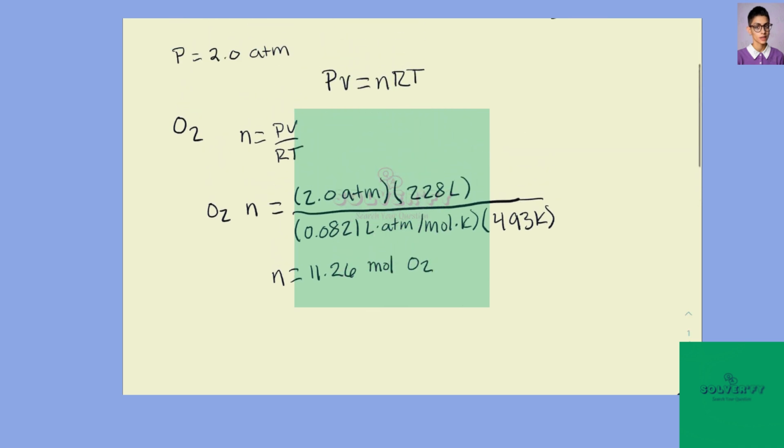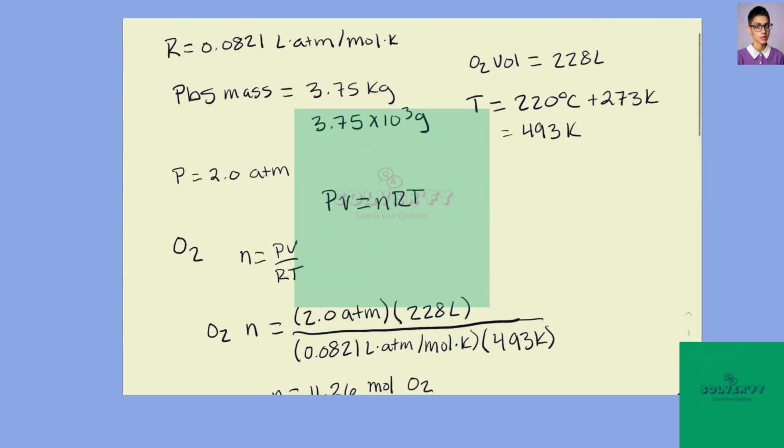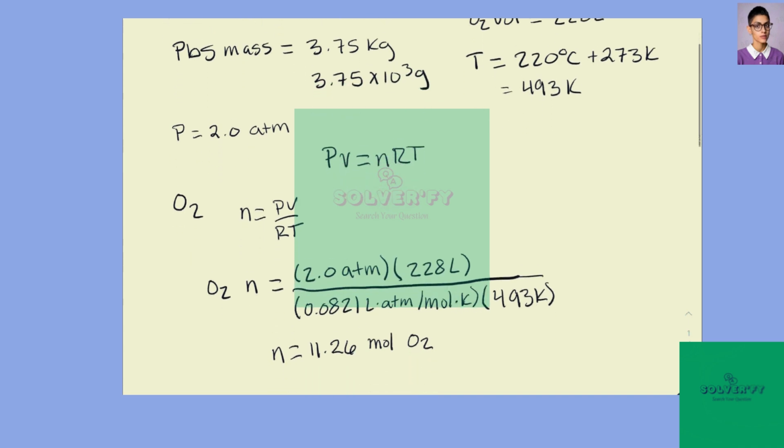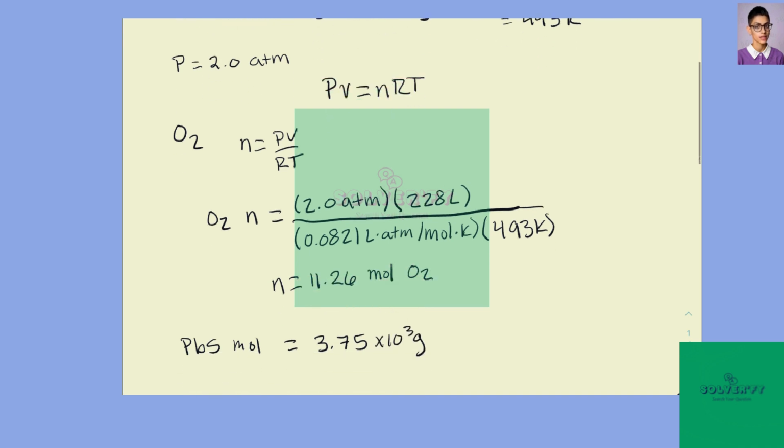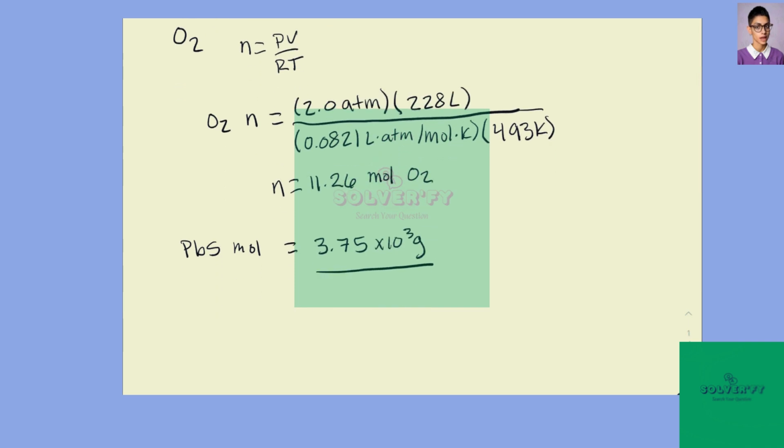Alright. And then to find the moles of PbS, we can use the mass that they gave us. So PbS moles is going to equal 3.75 times 10 to the 3 grams. And then we just are going to divide this by the molecular mass for PbS, so that's 239.266 grams per mole.